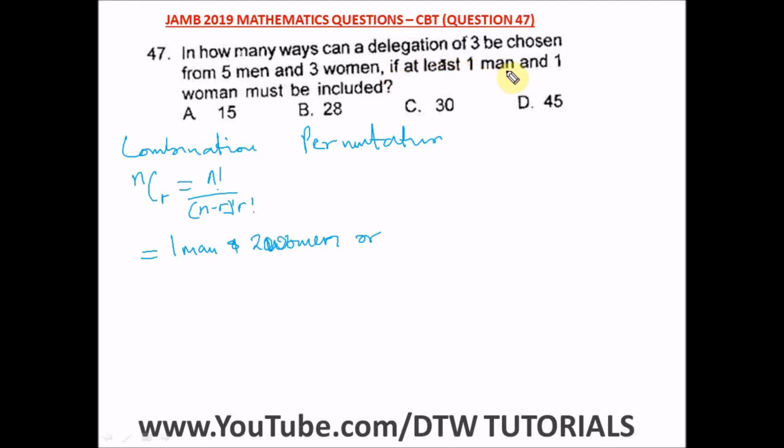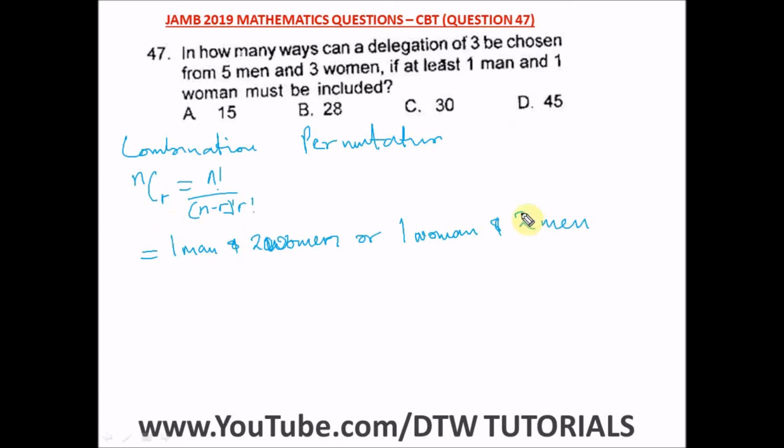If at least 1 man and 1 woman must be included, it means that it will not be all 3 women and it can't be all 3 men. So this is the way it can be selected.